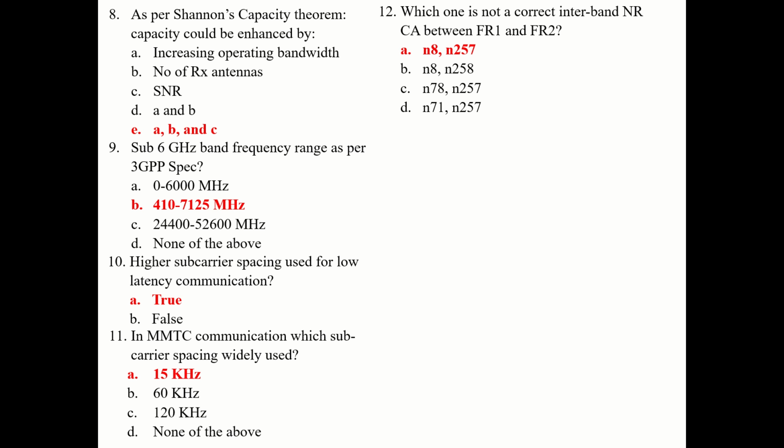If you have 5 gigahertz in FR1, you can't have 25 or 30 gigahertz in FR2, because harmonics will come into the picture. That could be the reason, it's my guess. So they arranged carrier aggregation bands in such a way that the communication on both bands goes smoothly.